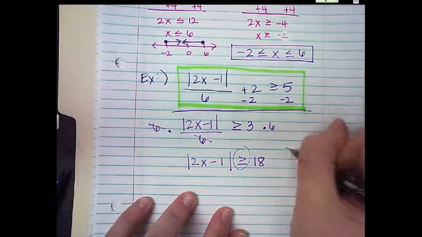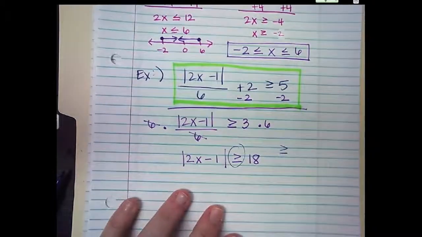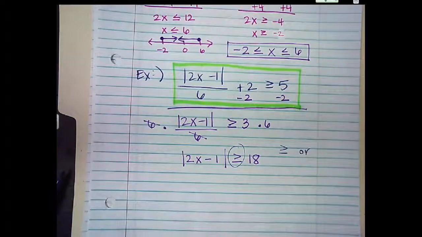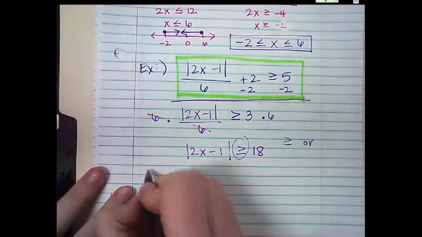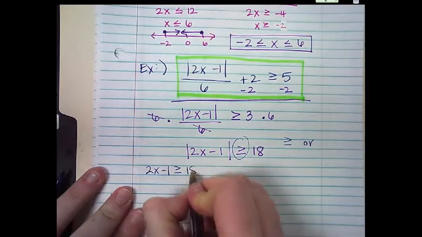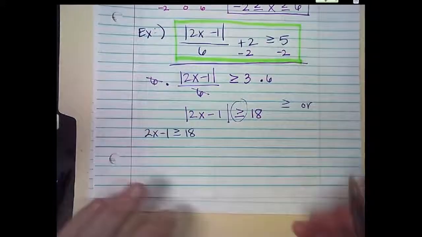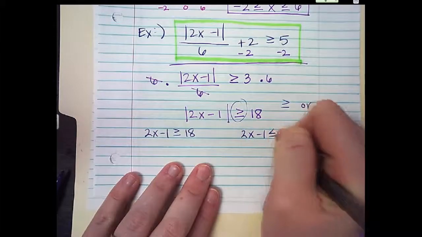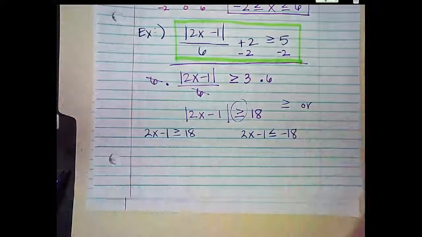I have a greater than symbol and or. So then we can solve. 2x minus 1 is greater than or equal to 18. 2x minus 1 is less than or equal to negative 18.